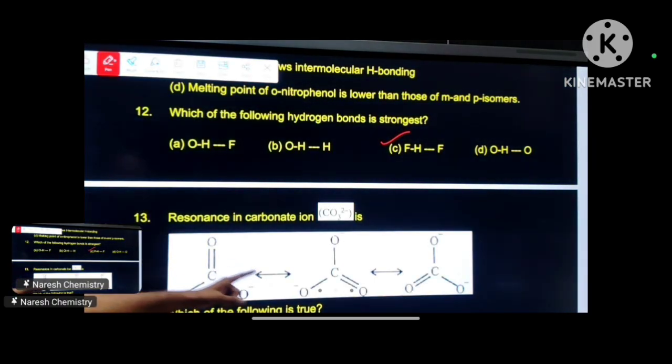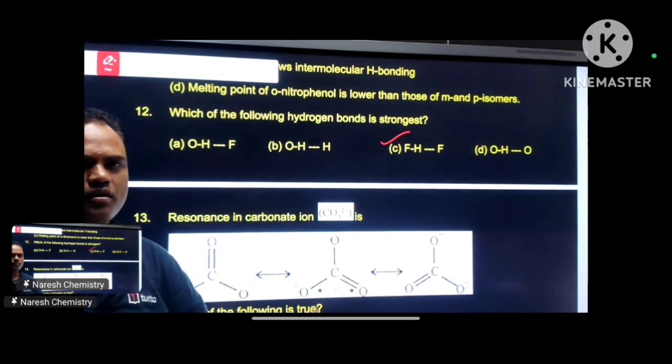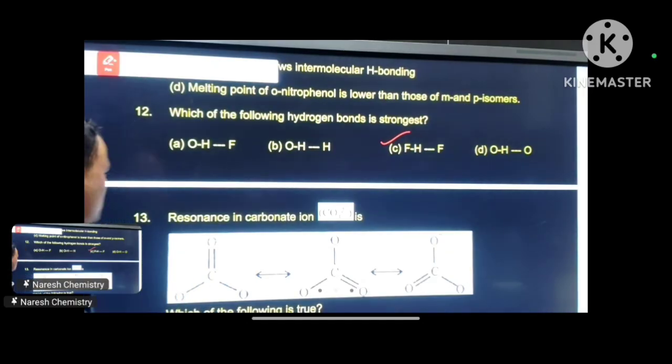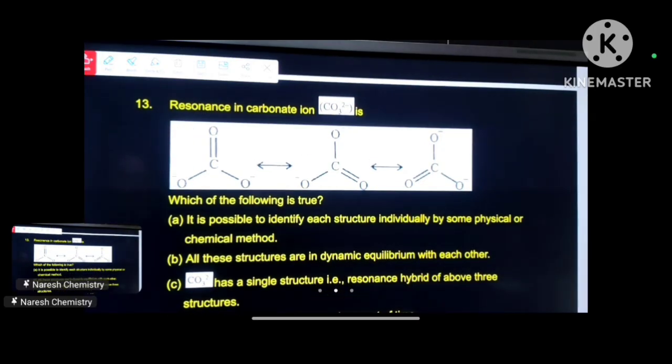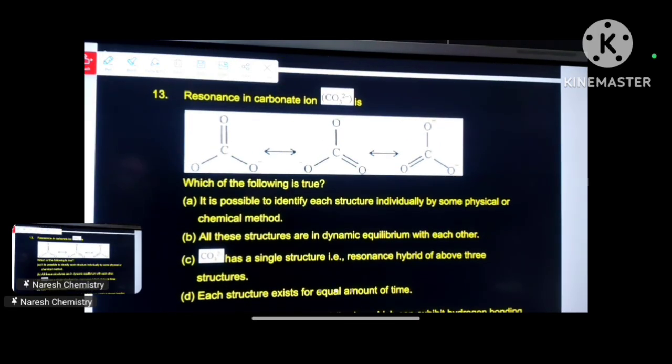Recently, we discussed bond order of polyatomic ions. But here some additional information is also given to you. First statement: it is possible to identify each structure individually by some physical or chemical methods.